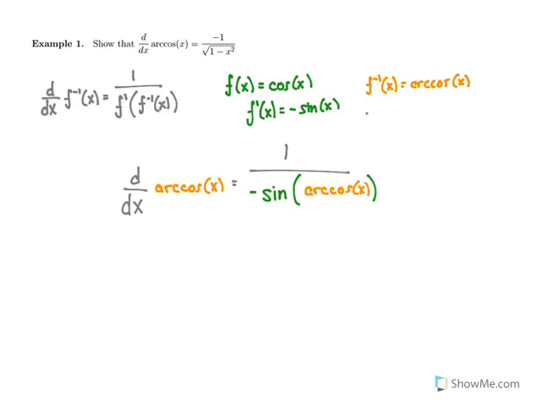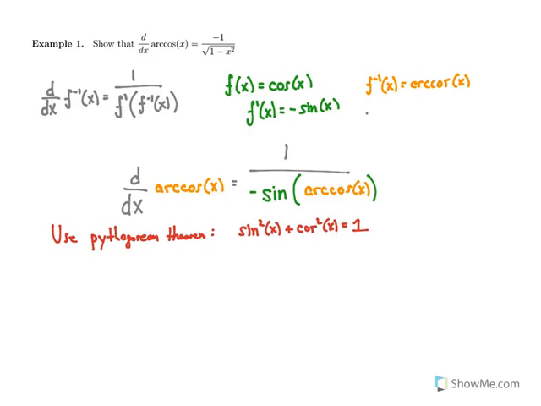And note that negative sine of arc cosine is not a nice thing to deal with, but we can use the Pythagorean theorem, sine squared plus cosine squared equals 1, to simplify this.